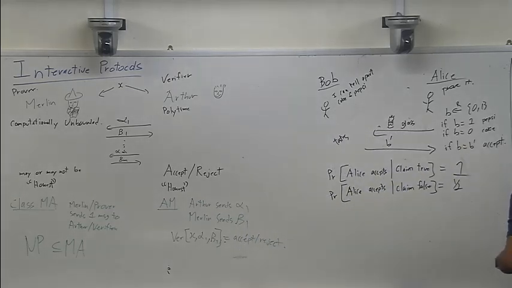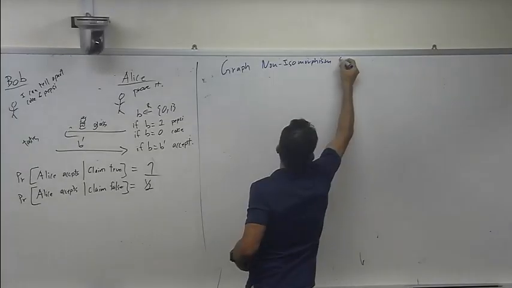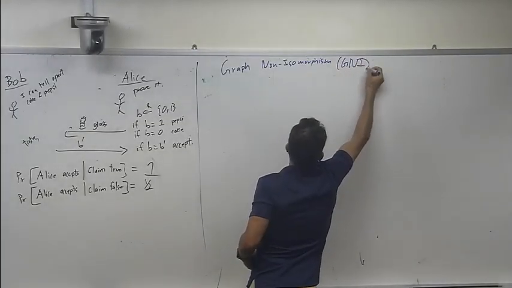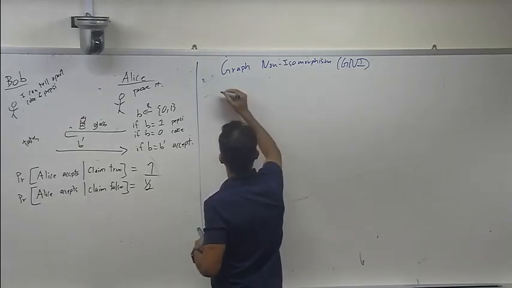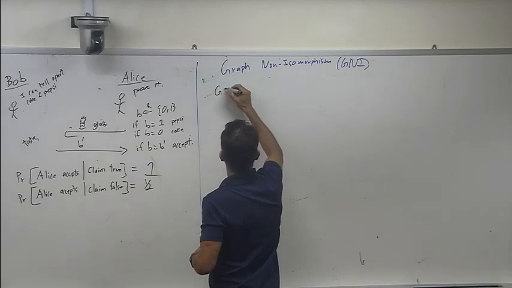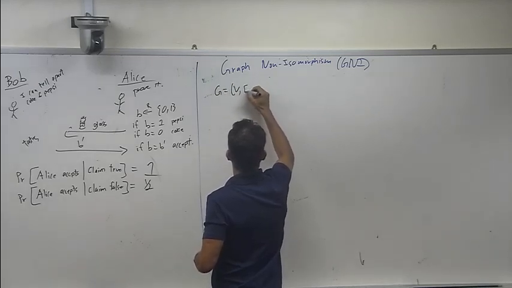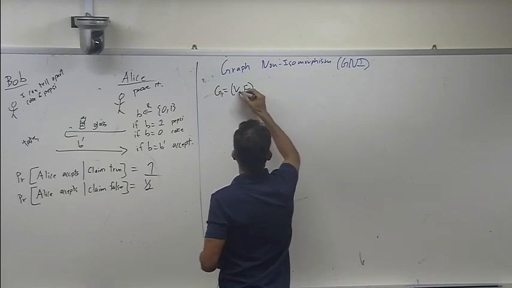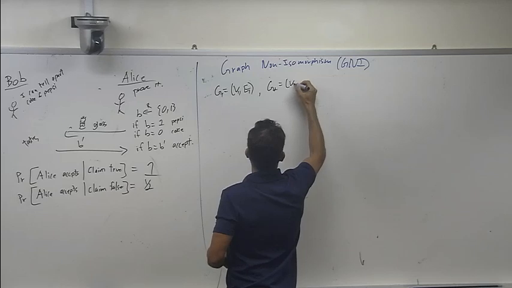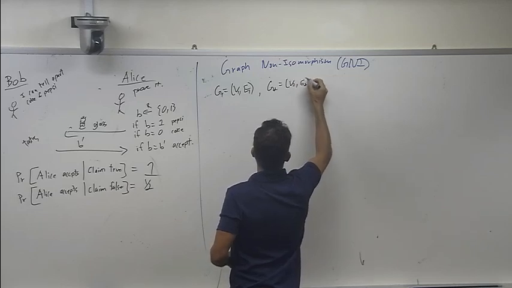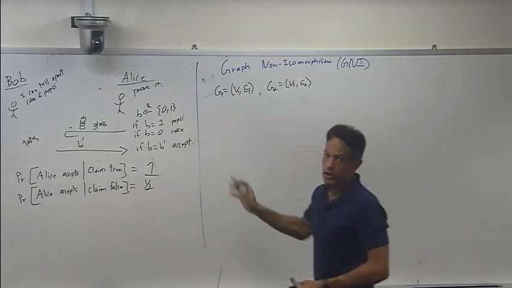So if you have graphs G1 and G2, they are isomorphic.